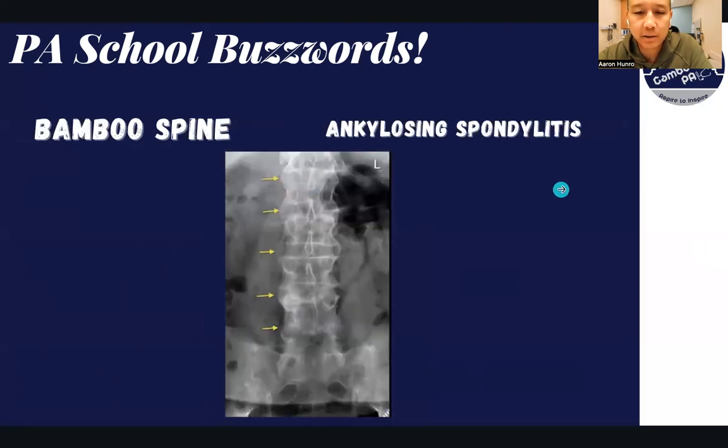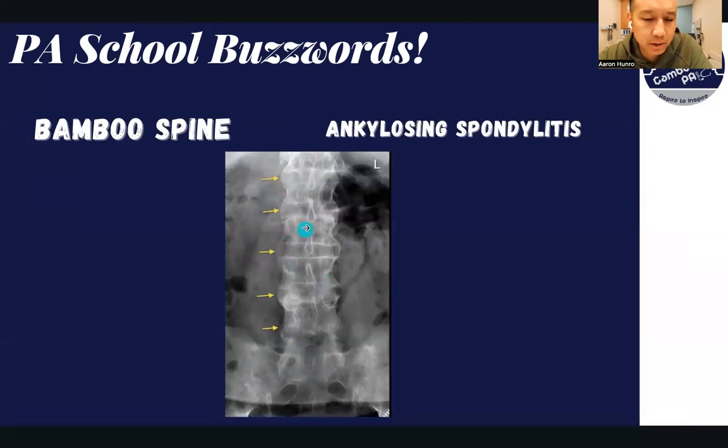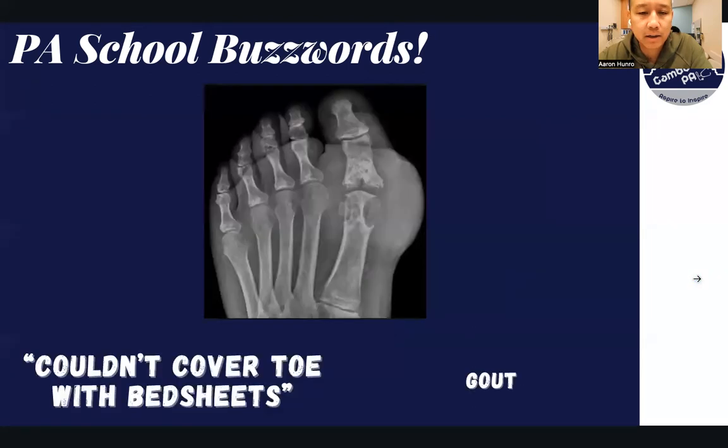All right, so the ankylosing spondylitis, you'll see the spine looks like a bamboo spine. It's typically a lot closer together, so that joint spacing is less and less, and it's mainly just treated with conservative treatment and activity changes, things like that.